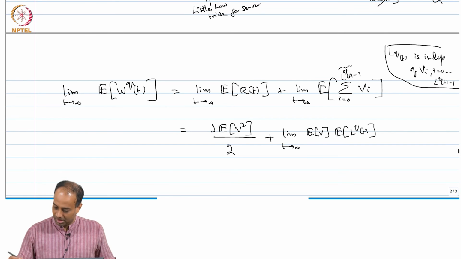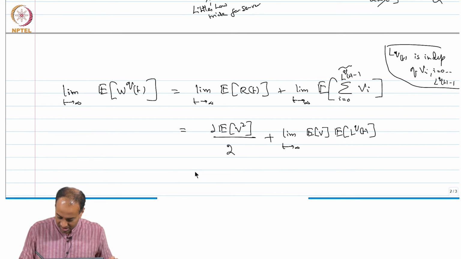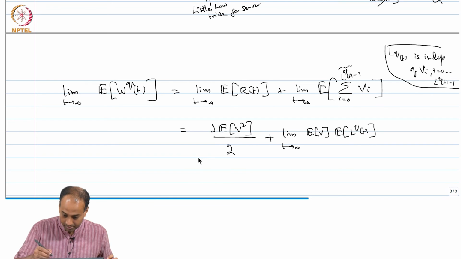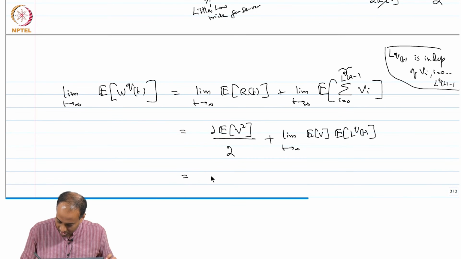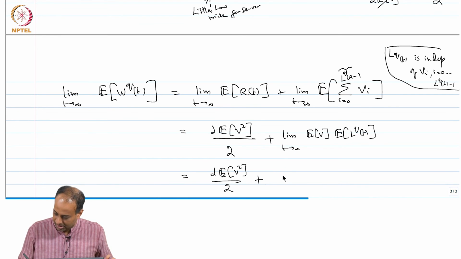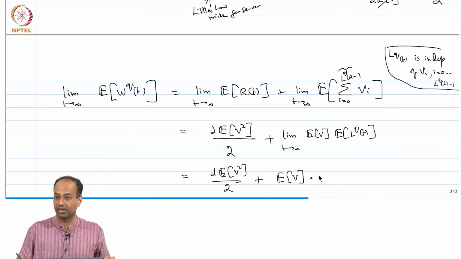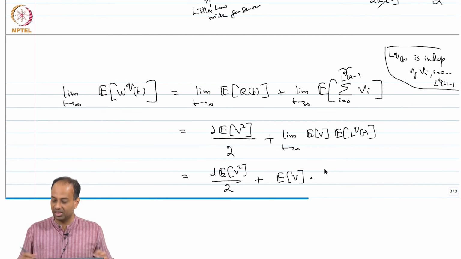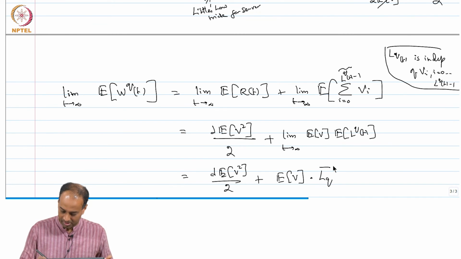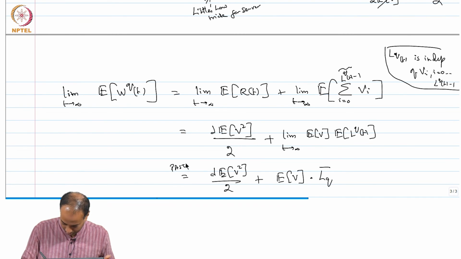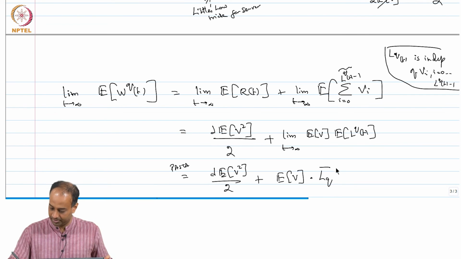So, this can be written as lambda expected V square over 2, the first term is the same, plus expected V times LQ bar. What is now LQ bar? See, LQ bar is, this is by PASTA.